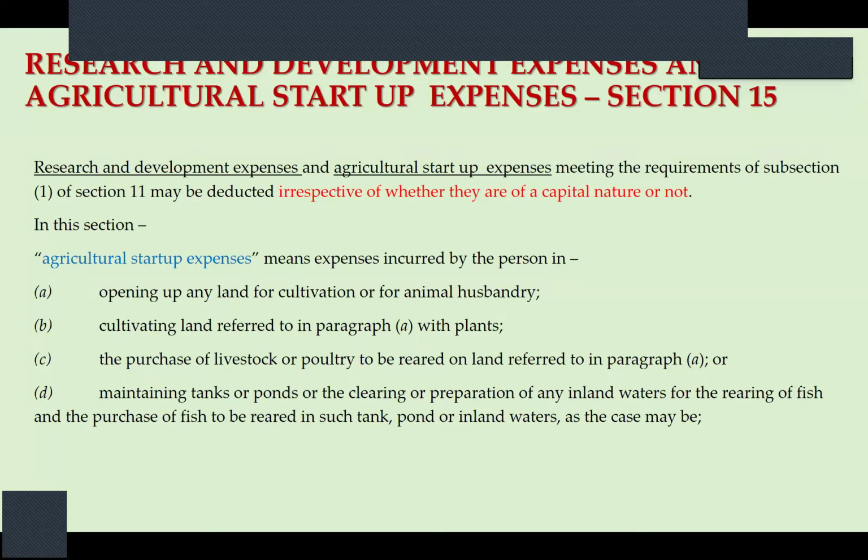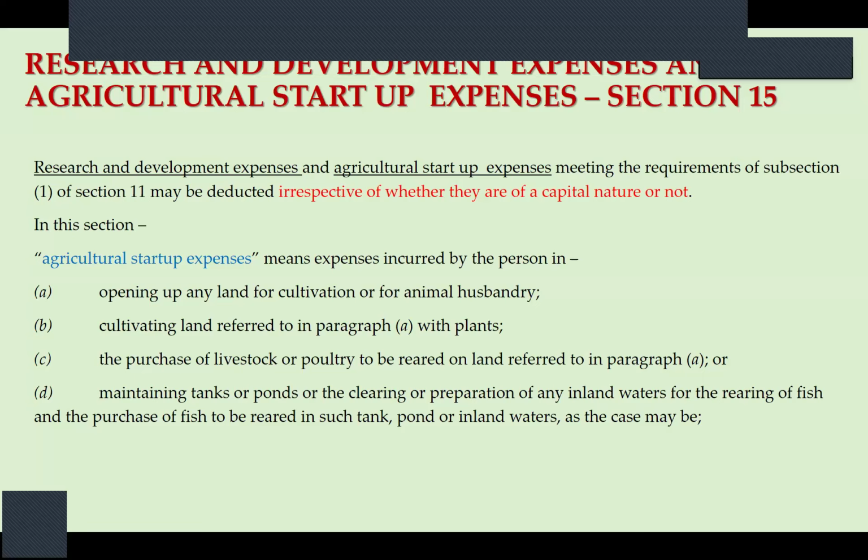The purchase of livestock or poultry to be reared on land referred to in paragraph A. Maintaining tanks or ponds or the cleaning or preparation of any inland waters for the rearing of fish and the purchase of fish to be reared in such tank, pond or inland waters.